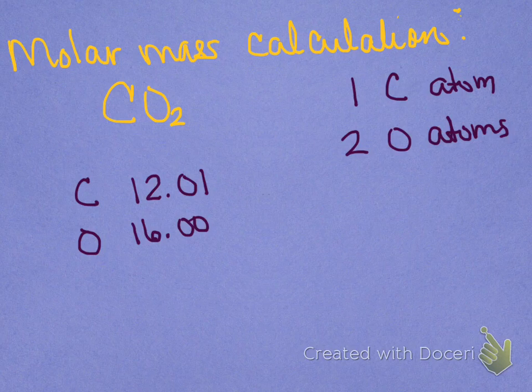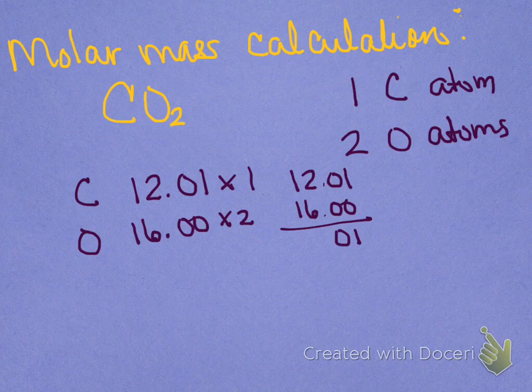We just need to add up all of the masses of everything that makes up this carbon dioxide molecule. So we have one carbon, two oxygen: 12.01 plus 16.00 plus 16.00 gives us 44.01. Our units are grams per mole. What that means is 44.01 grams is 1 mole of carbon dioxide.